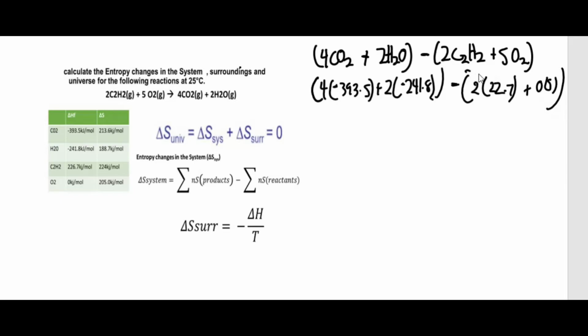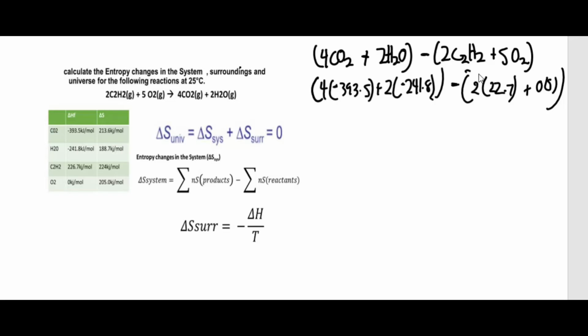So let's add everything. So parenthesis 4 times negative 393.5, parenthesis plus 2 times 241.8, parenthesis subtract by 2 times 227.